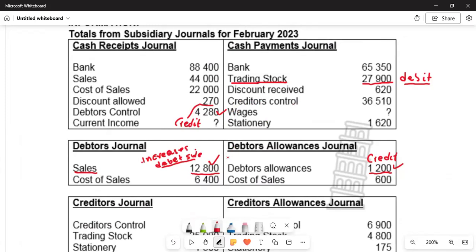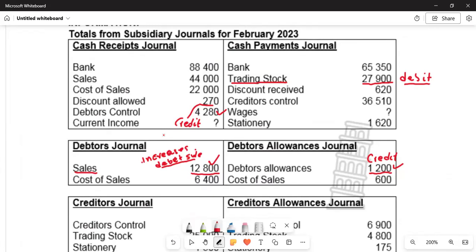Also, now we are looking for the information that is related to trading stock. Now we're going to have creditors control, from our creditors journal. We are going to look at where we are saying stock purchased on credit increases our stock on the debit side.